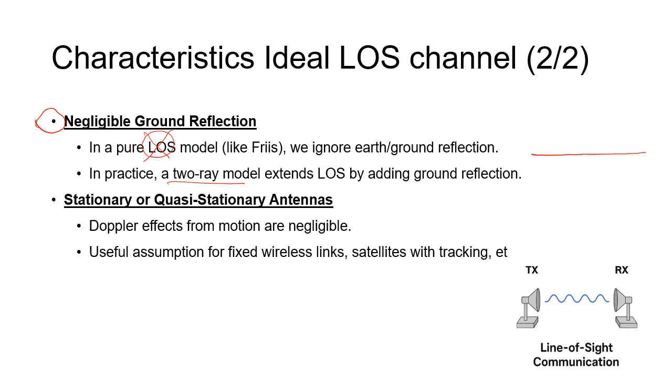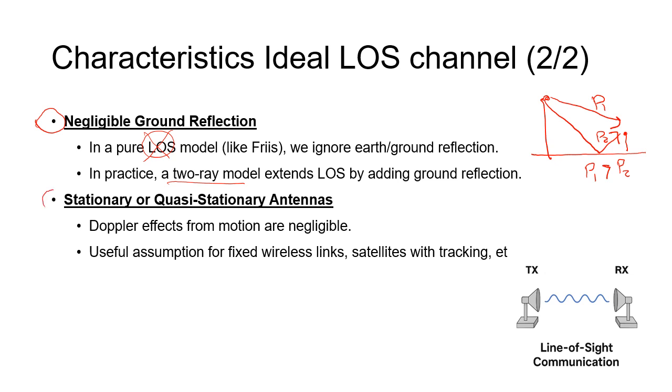Because if we have two antennas with line of sight, say arriving with power P1, and due to the ground reflection there is another power P2, this power will still be less than P1, but close to its value, and we need to consider this power also when we calculate the actual power received by the antenna.